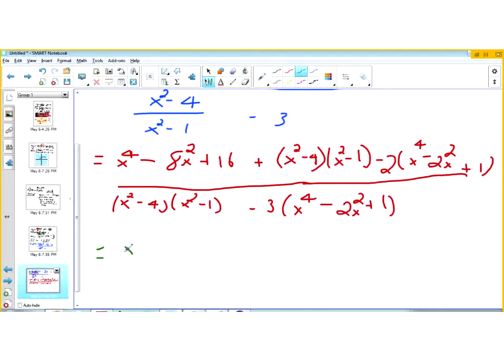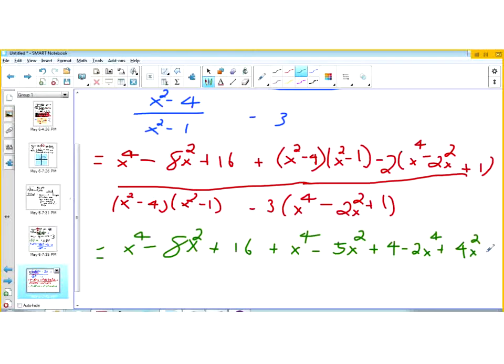And so this would be x to the fourth minus 8x squared plus 16, plus x to the fourth minus 5x squared plus 4, minus 2x to the fourth plus 4x squared minus 2.